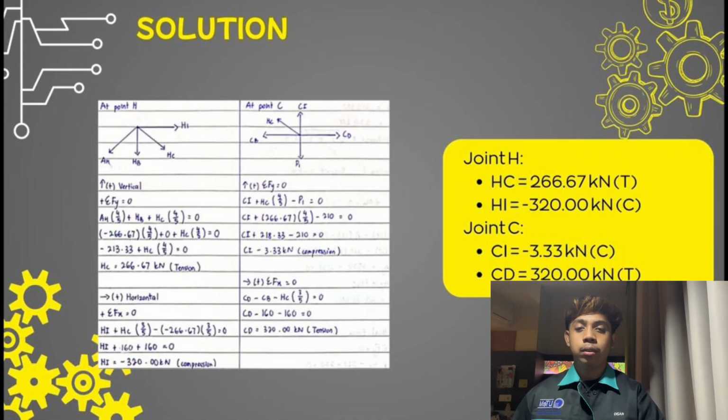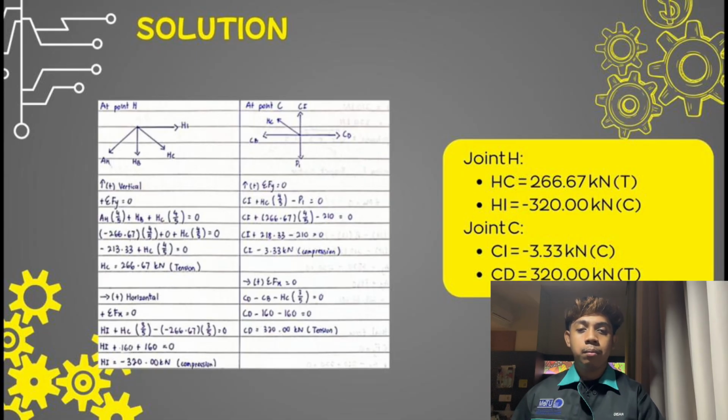Internal member forces, joint H and joint C. Next, we analyze joint H and joint C. At joint H, member HC experiences 267 kilonewtons in tension, while member HI experiences 320 kilonewtons in compression.